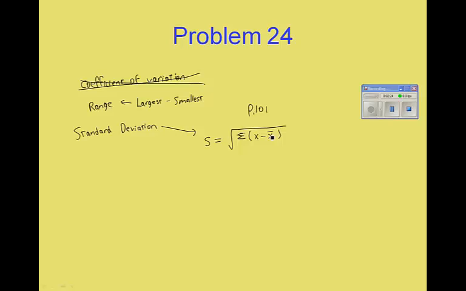So you need the mean before you can compute the standard deviation. Squared. And then in the end, we divide by n minus 1, and then take the square root. Wow, what a formula.